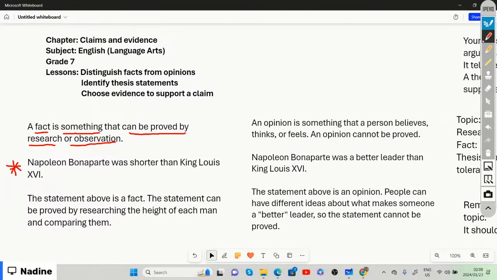So we see that the statement above about Napoleon is a fact, and that statement can be proved by researching the height of each man and comparing them.